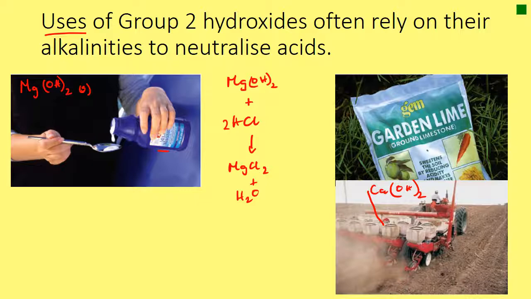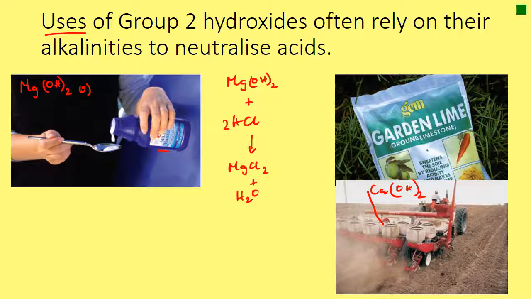It can either be sprayed on as a liquid or it can be put on as a solid, and then when the rain dissolves it, it neutralizes any acidic water in the soil. Okay, so that's a second use, using the neutralization reaction of calcium hydroxide.